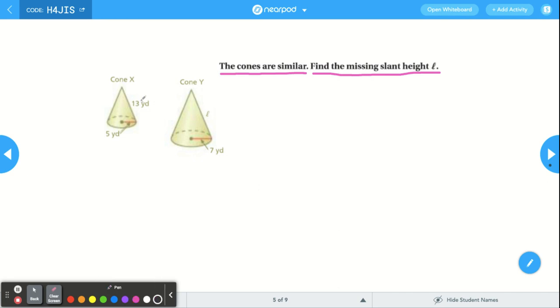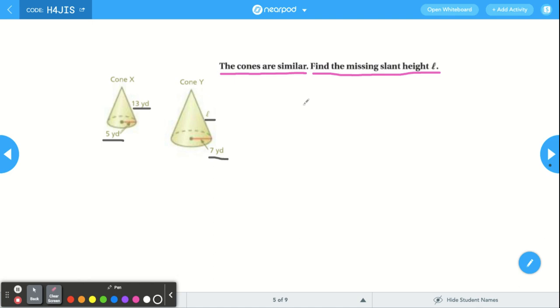All right. So let's go ahead and try to figure this out. So let's look at the corresponding pieces. The slant height for X corresponds to L, and then the radius on the bottom of the cone from X corresponds to the radius from cone Y. So let's go ahead and set up our proportions.